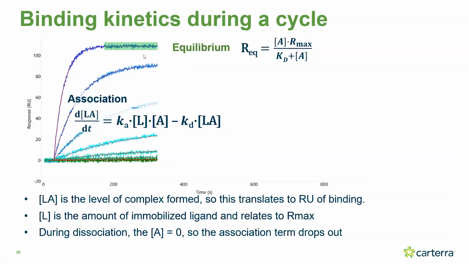It's important to distinguish between equilibrium and saturation. Every concentration injection will eventually hit an equilibrium if you injected it long enough, but only very high concentrations would ever achieve saturation. And the time to equilibrium is actually dependent largely on the off rate.